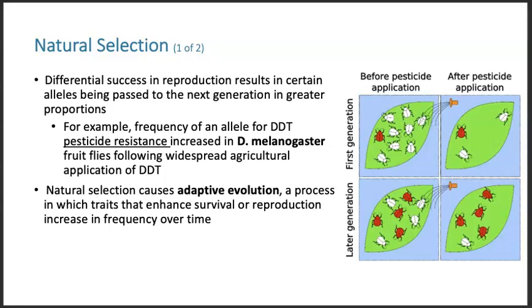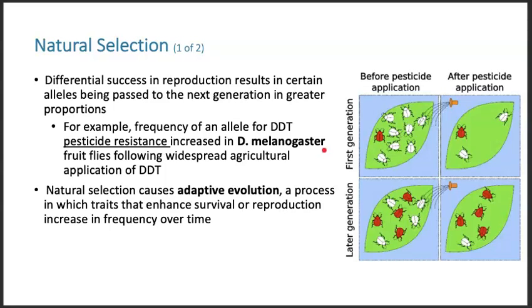It's no longer in use, but what happened in some of these fruit flies, and this is what D. melanogaster is. D. melanogaster is Drosophila melanogaster, and that's a very common fruit fly.